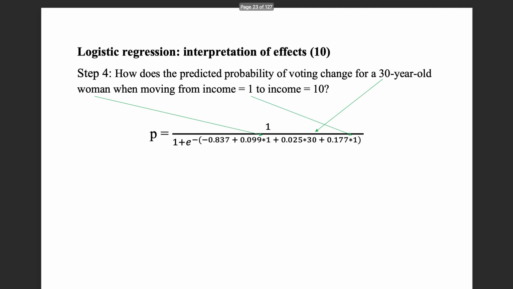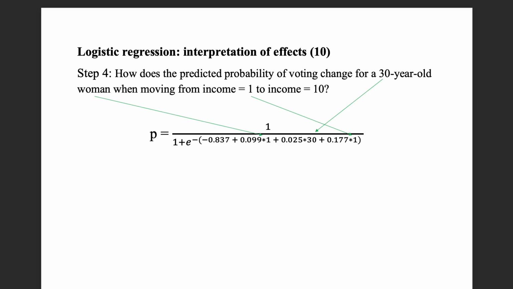And I need to first calculate the predicted probability for the lowest of the two income values that I picked, which is 1. So I fill in the value 1 in the formula where we have the coefficient for the income variable. Now I'm going to use this formula to calculate the predicted probability of voting for 30-year-old women in the lowest decile of household income.